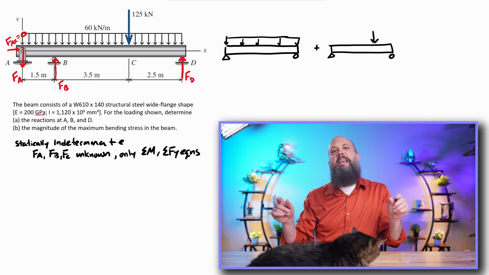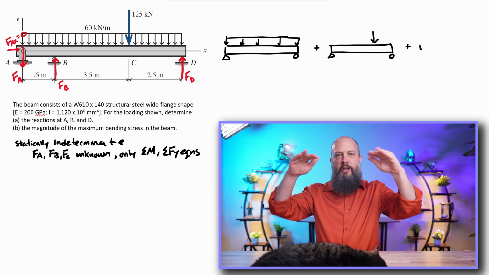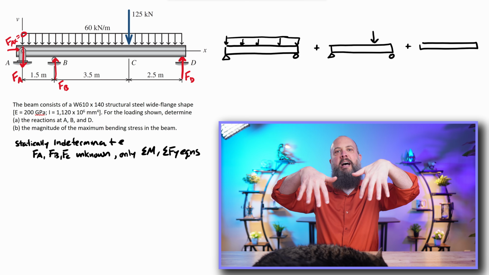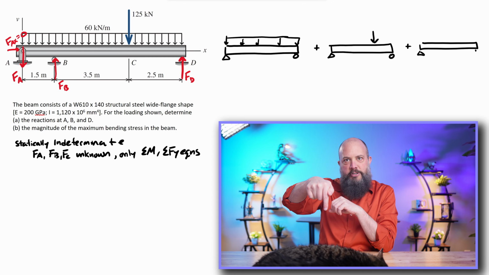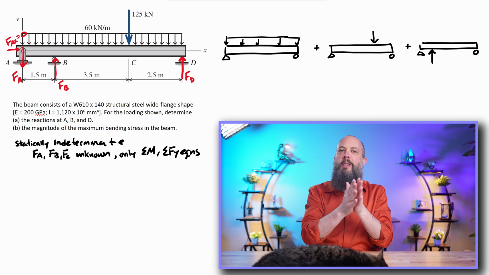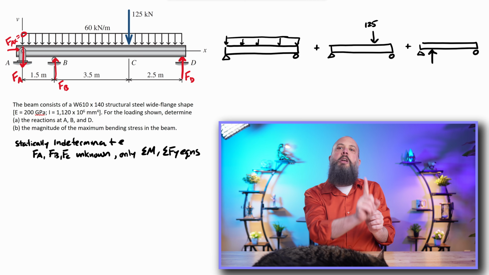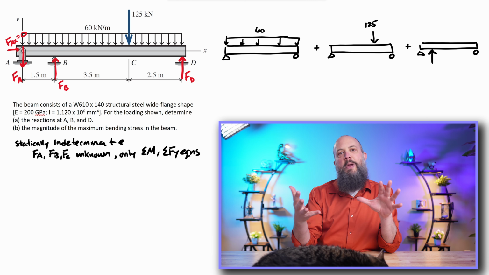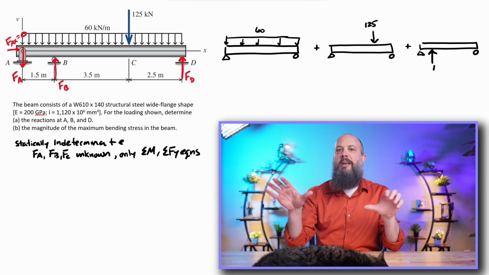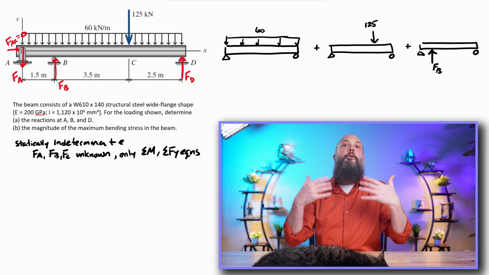We're going to treat this like a simply supported beam with a rectangular distributed load on top, a single point force on top, and we're going to replace B, the roller joint, with an extra force pushing upwards on the bottom. So we're treating this like a simply supported beam, pin and roller joint, with 3 different forces: distributed, point force, point force.